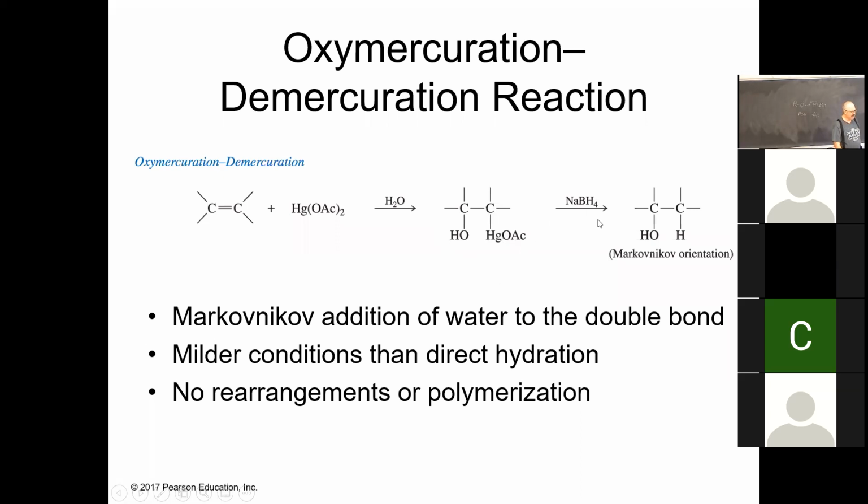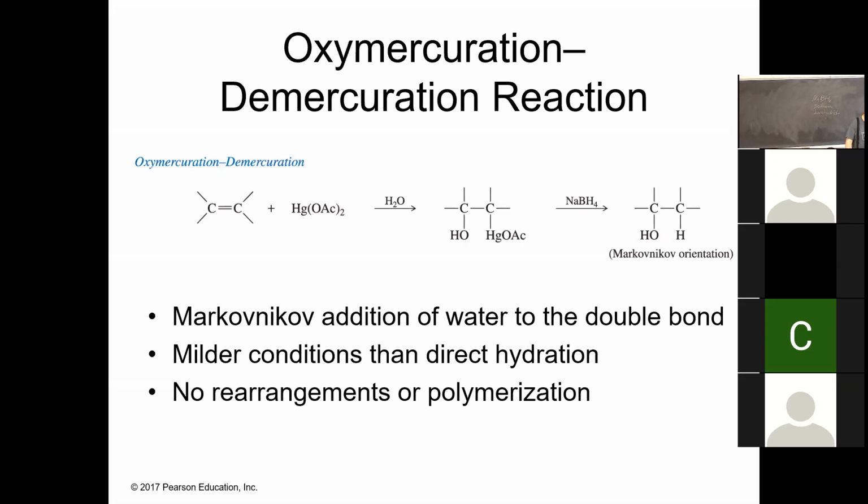And then using NaBH4, this is called sodium borohydride. Sodium borohydride removes the mercury and replaces it with a hydrogen.